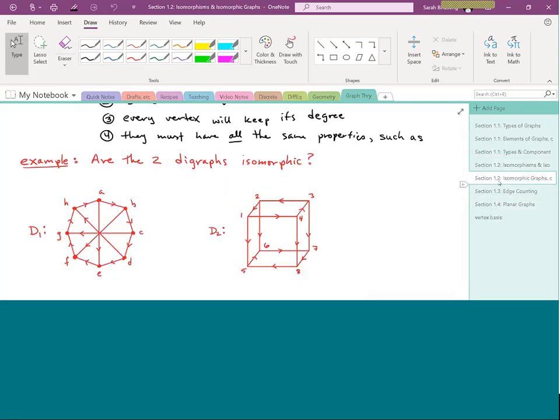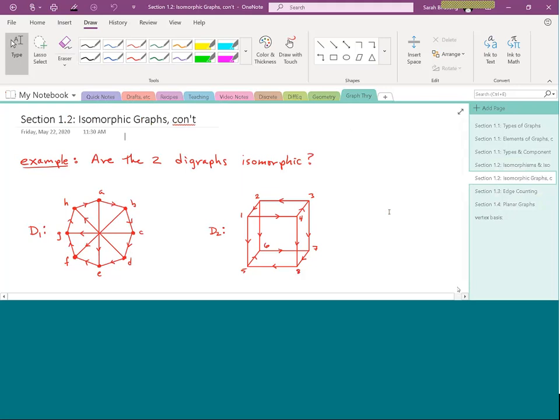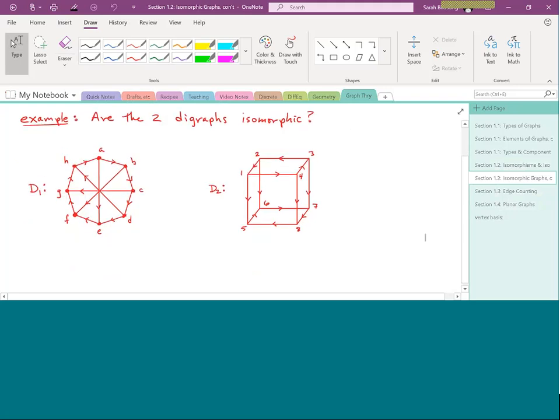Now, in terms of what we did last time, we looked only at simple graphs. So we only looked at graphs that had undirected edges. There were no multi-edges whatsoever. Technically speaking, you can have directed graphs be isomorphic. You can also have multi-graphs be isomorphic.